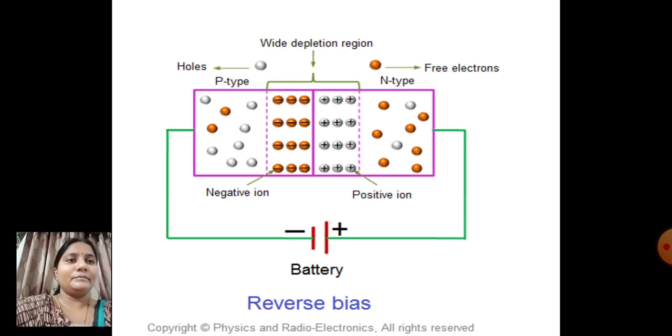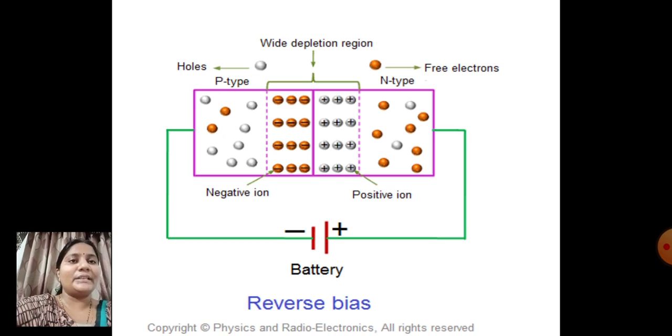Clear? So you need to remember the one and only thing here: in the forward bias majority charge carriers will cross the junction, and coming to the reverse bias minority charge carriers will cross the junction.